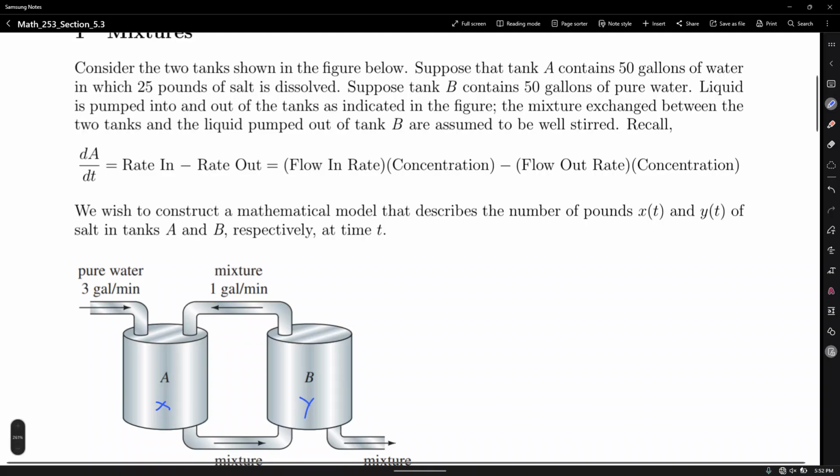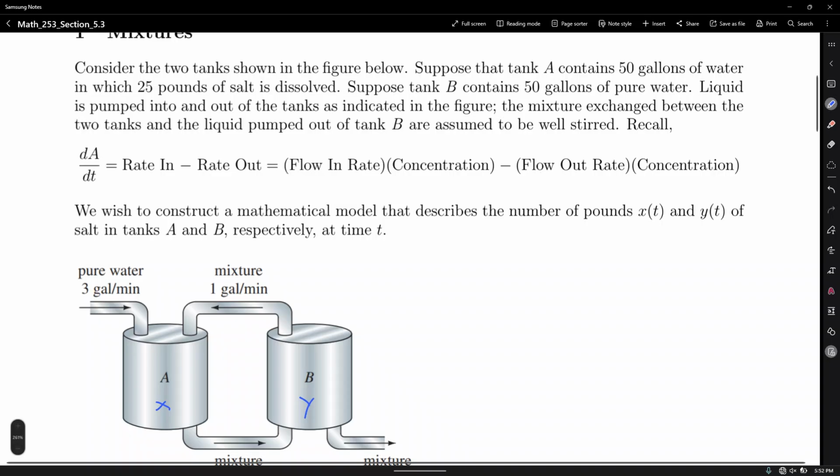So rate in minus rate out. Positive because it's coming in, negative because it's getting out of the tank. We're losing some amount. So that's why the change. How do we calculate each of them? The flow-in rate, which is given, times the concentration, which is given, and subtract the flow-out rate times the concentration of the solute that we have, right?